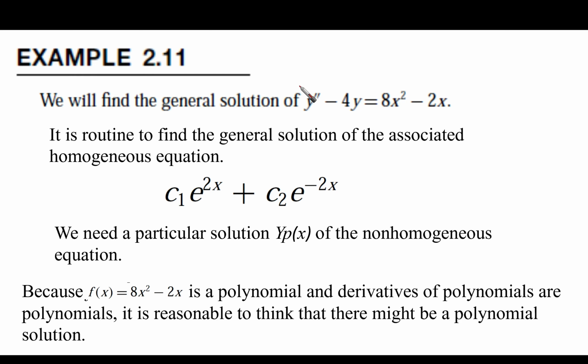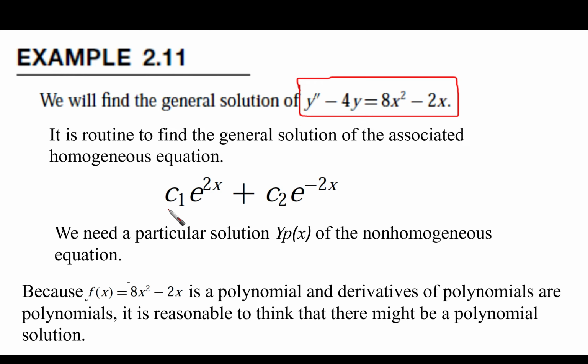Let's assume that we want to find the general solution for this non-homogeneous equation, y double prime minus 4y equals 8x squared minus 2x. It is routine to find the general solution of the associated homogeneous equation, right? If you say y double prime minus 4y equals 0, this is the associated homogeneous equation, and you're going to find that we have two distinct roots, which are 2 and minus 2 for the characteristic equation, lambda 1 and lambda 2.